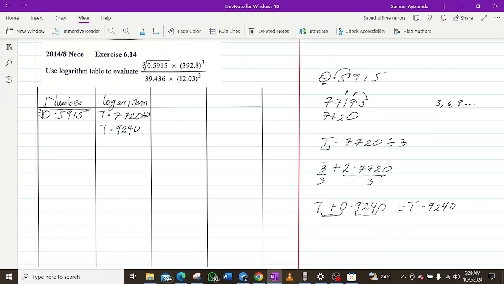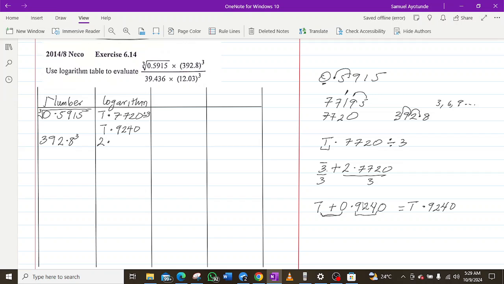Therefore, move to the next digit, which is 392.8 raised to power 3. So, to find the characteristics, 392.8. How many steps? 1, 2 away from the standard form point position. 2 steps. So we have 2 points.